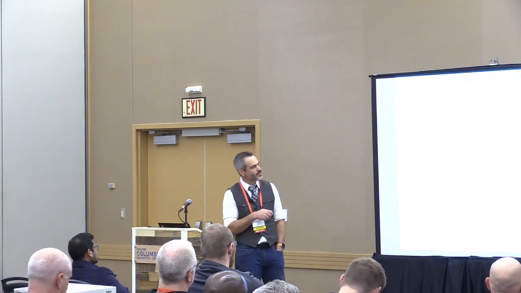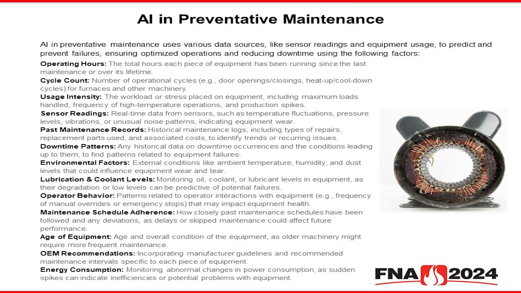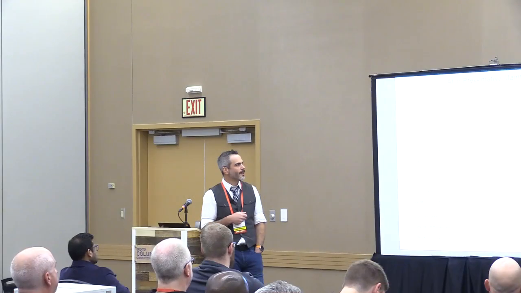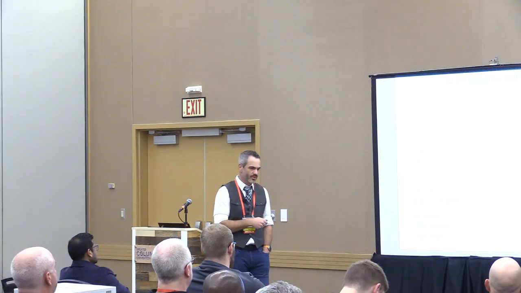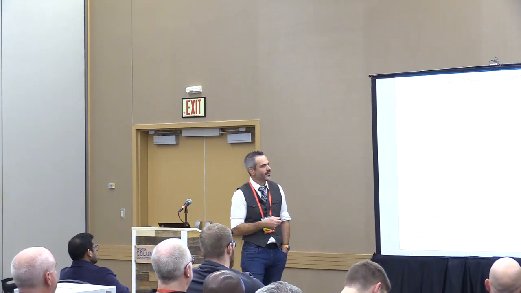Different things are specific to that piece of equipment. If you're able to continuously monitor oil, coolant, lubricant levels, all of that is obviously going to be a factor. And then also operational behavior. How many times something had to be stopped or adjusted, that's data that's useful to AI.